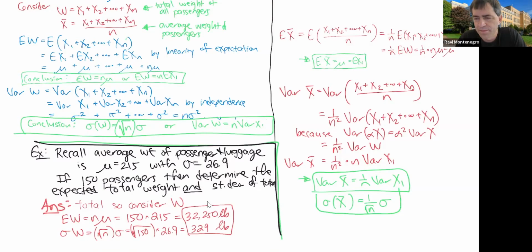So let me give you a couple more terms that we use for some of the quantities we've looked at here. So when we're looking at a total like W, we found what the mean is. That was simple. And then we had our standard deviation formula. And the standard deviation is called the standard error.